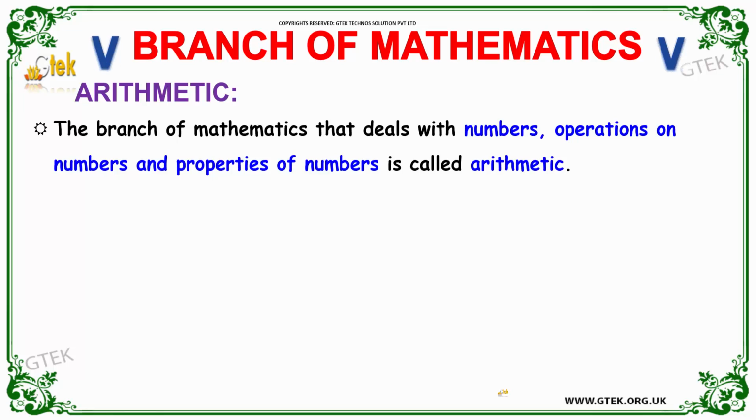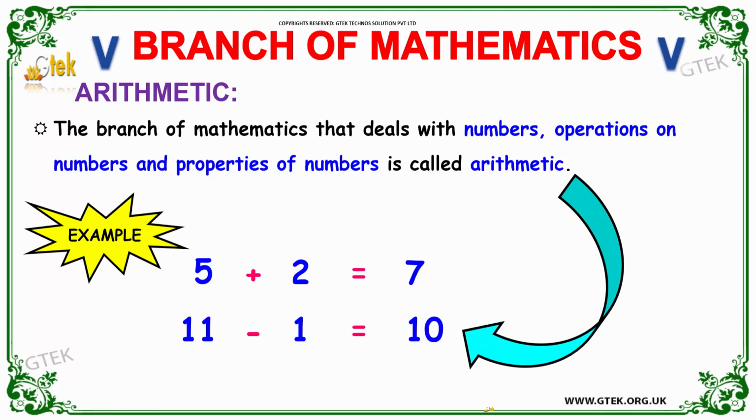If we move on to the next one, one such branch of mathematics is arithmetic. The branch of mathematics that deals with numbers, operations on numbers and properties of numbers is called arithmetic.